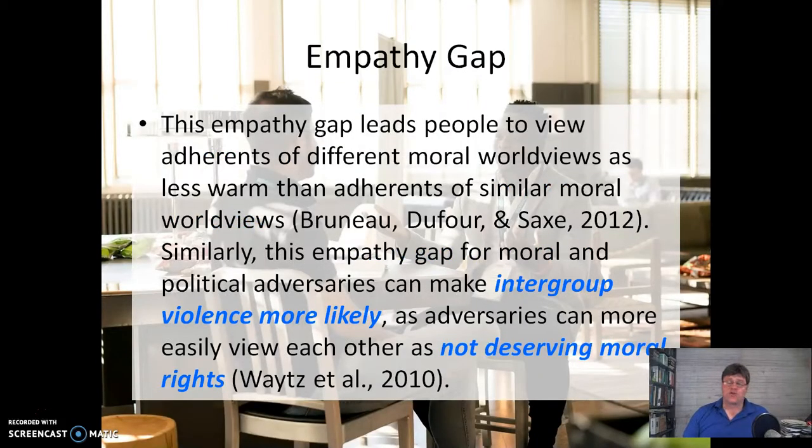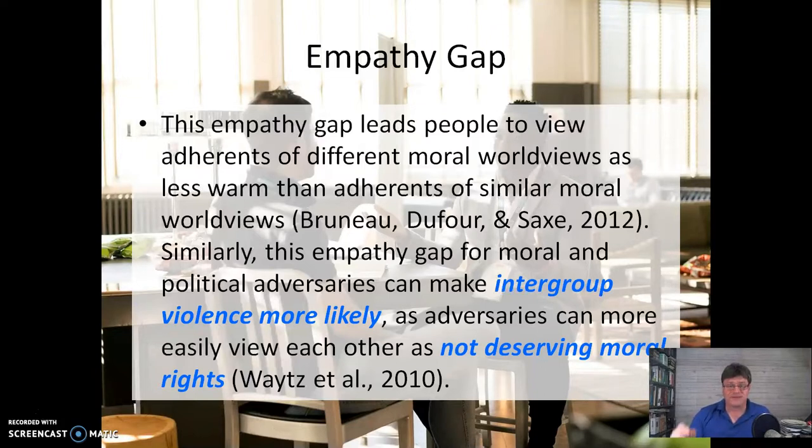The reason why is that it creates an empathy gap. It leads people of different moral worldviews to have a distance and a coldness toward people who do not have similar moral perspectives. Now, if taken to an extreme and unhealthy way, this makes intergroup violence much more likely.